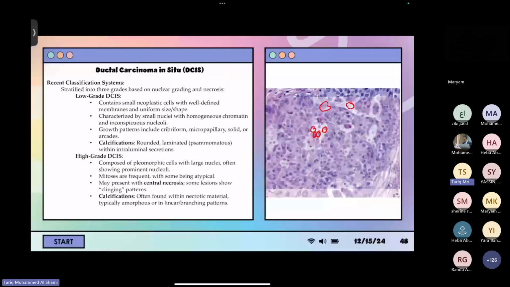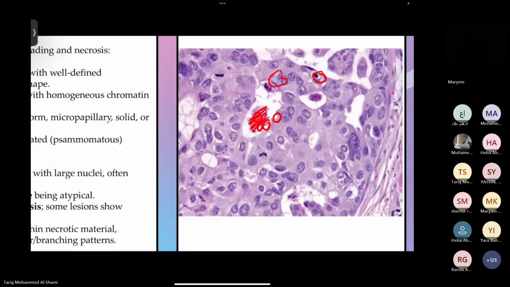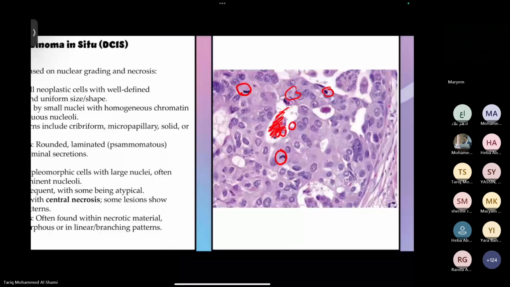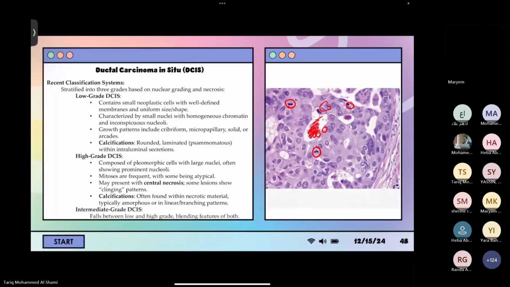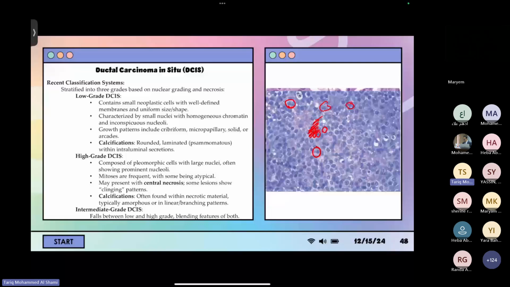But in high-grade DCIS, we can see here the high pleomorphism, different shapes and views of the cells with pleomorphic nuclei, and we can see the atypia and prominent nucleoli in some cases, with necrosis and high mitotic figures like these, frequent mitosis. And there is an intermediate-grade DCIS which takes features between the low-grade and the high-grade DCIS.